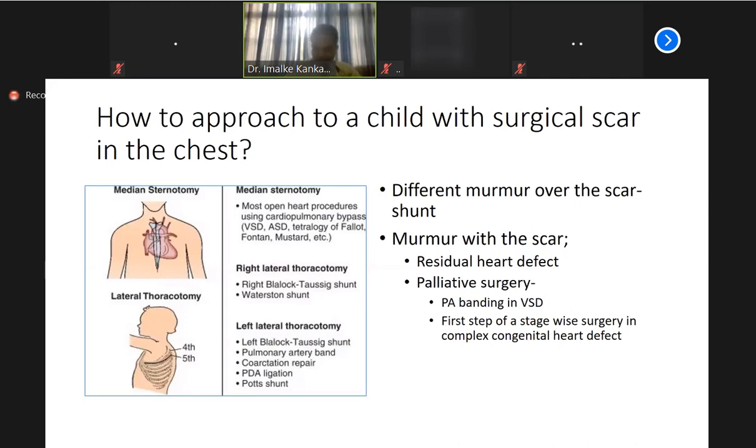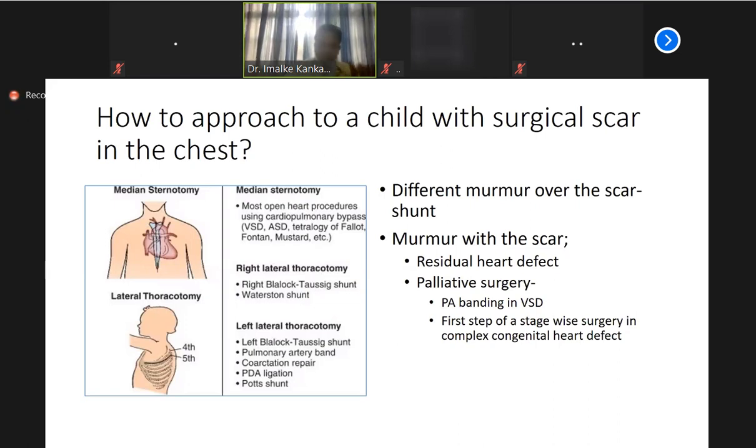The other possibility is the child would have undergone a palliative surgery like pulmonary artery banding in VSD. Or in certain cyanotic heart diseases, stage-wise surgeries could happen, like the Fontan and Glenn procedures, which you don't need to know in detail.